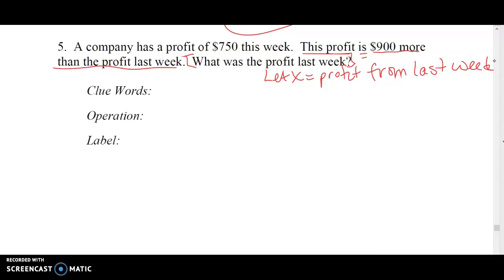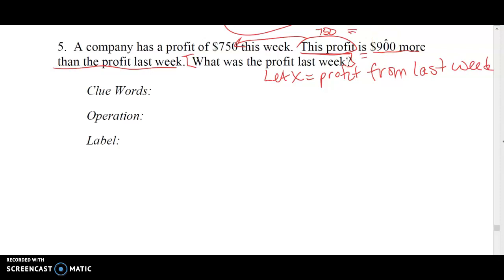Then the next piece is going to kind of write your equation for you. So it says a company has a profit of $750 this week. This profit is, that's referring to this number right here. So that profit is, so 750 is, we learned, translates to equals.